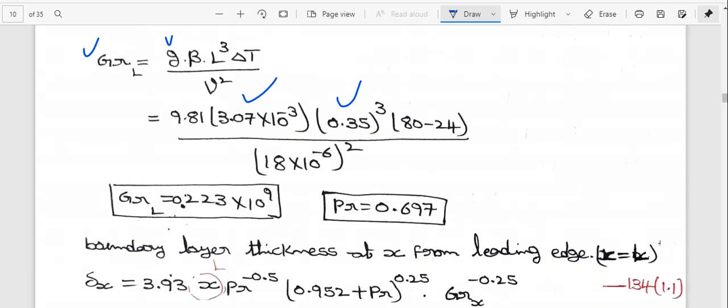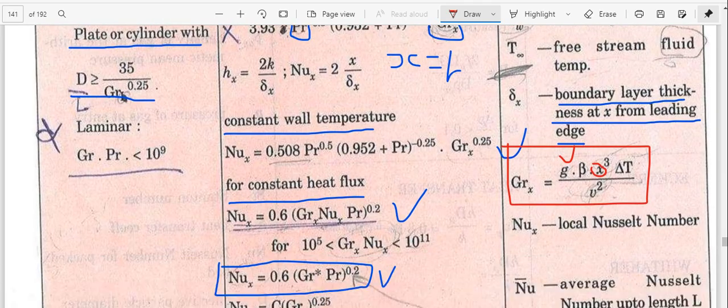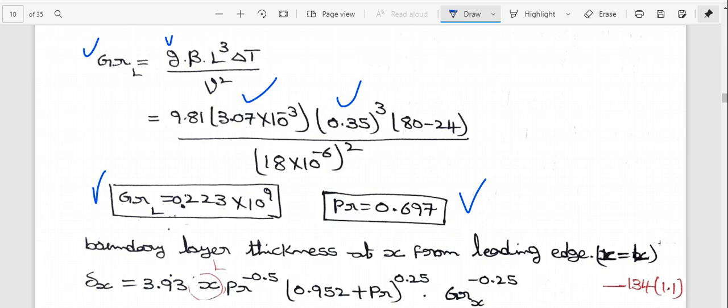After simplifying this equation, the Gr value is 0.223 into 10 power 9, and the Pr value from data book page number 33 is 0.697. Now we need to observe whether Gr Pr is less than or greater than 10 power 9. Less than 10 power 9 means laminar, greater than 10 power 9 means turbulent flow.